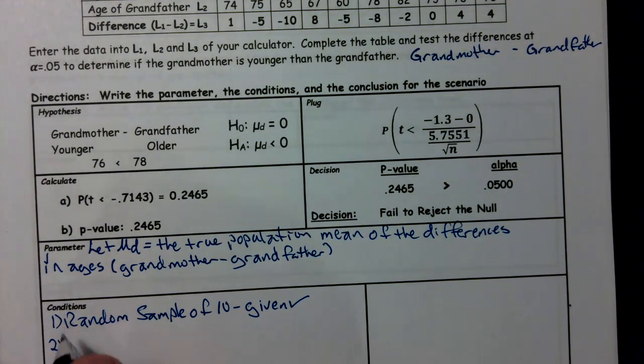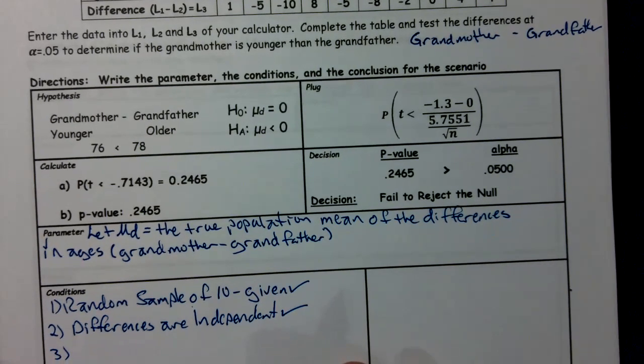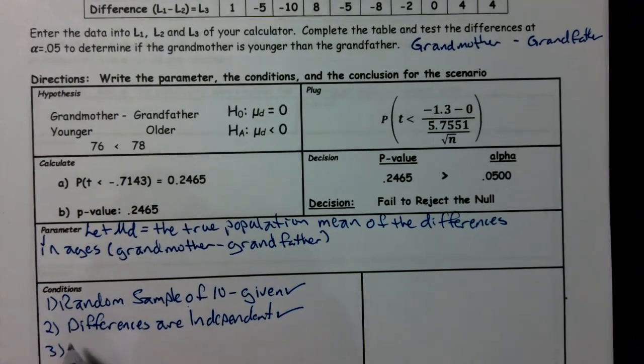The next one, differences are independent. If it's a random sample, we can go ahead and claim that. For the third one, we need to check that n is less than 10% of the population.